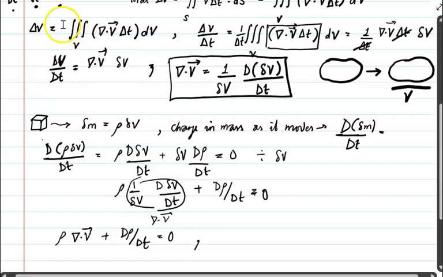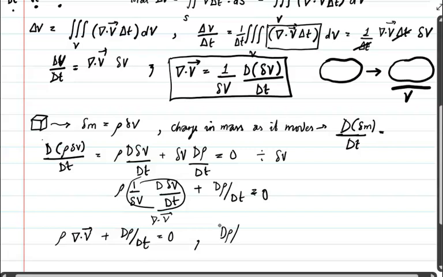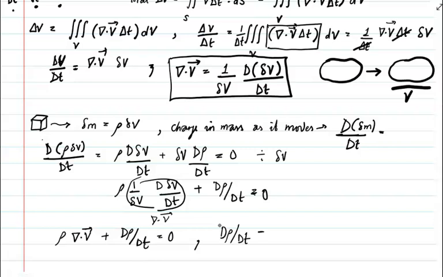Moving them to opposite sides, you could see that Drho/Dt plus rho del dot v is equal to 0.